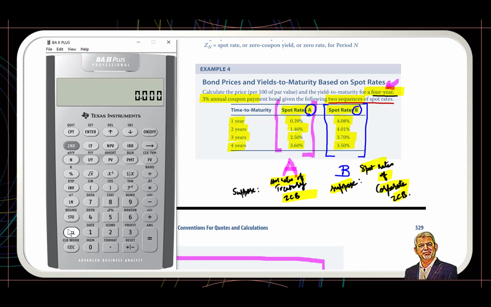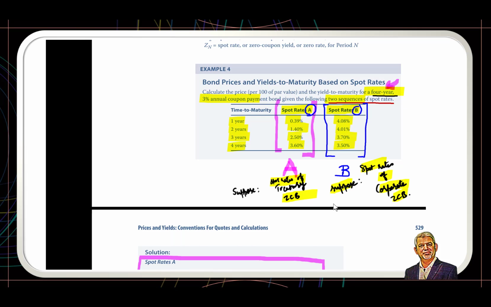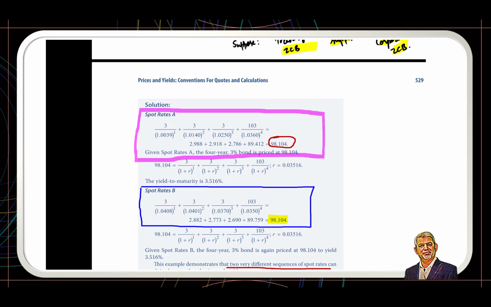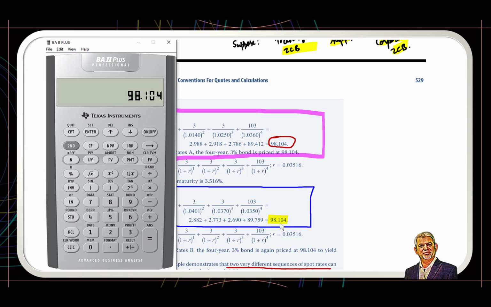Now we will recall 5th plus recall 6th plus recall 7th plus recall 8th is equal to, and you will see this is the same amount of bond valuation or bond price that we got through series A. This is also shown in the curriculum, 98.104.